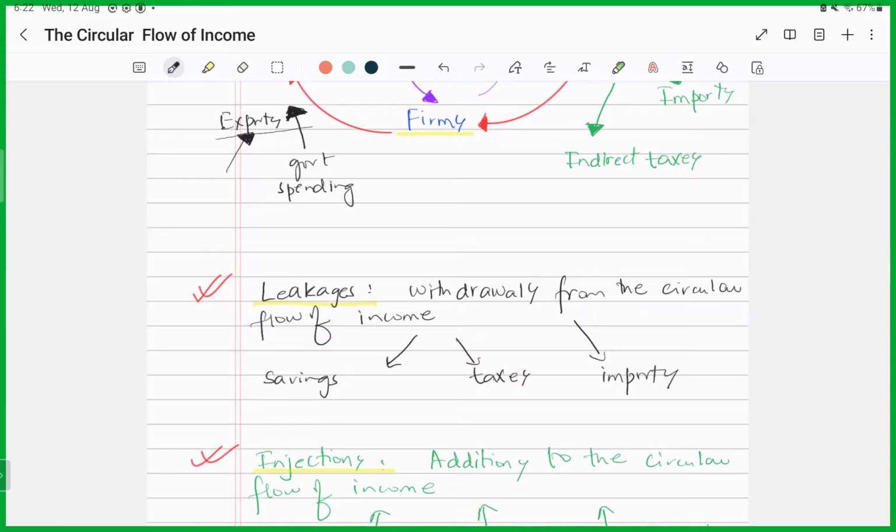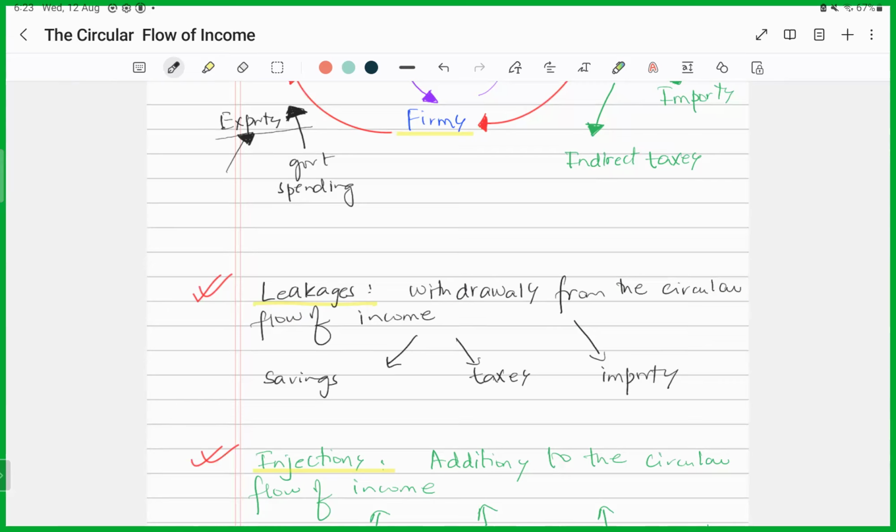First, what are leakages? When we are talking about withdrawals from the circular flow of income, right? You see, whatever income is being earned, not all income would be there in your hand. Some part of the income would go in savings, some part of income would go as taxes, either direct or indirect, and some part of this additional income earned would go on imports.